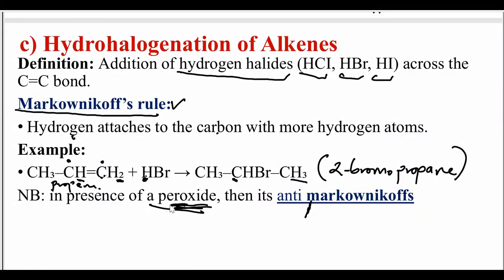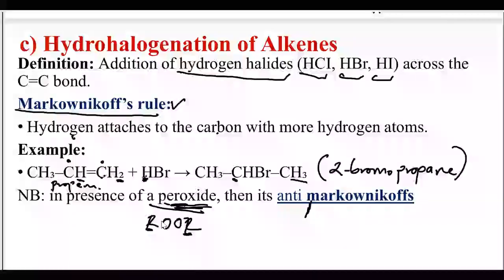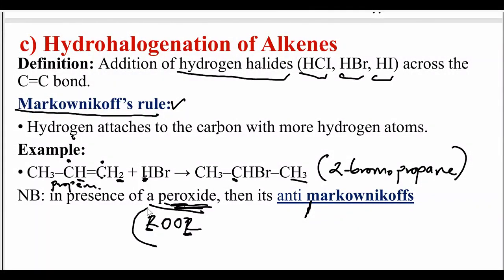When a peroxide is present, like an organic peroxide, we can label it with this, where this can be an alkyl group and this another alkyl group. If there's presence of any peroxide, then we use anti-Markovnikov's. Anti-Markovnikov's is the opposite of Markovnikov's rule, meaning the hydrogen will attach where there are fewer hydrogen atoms.